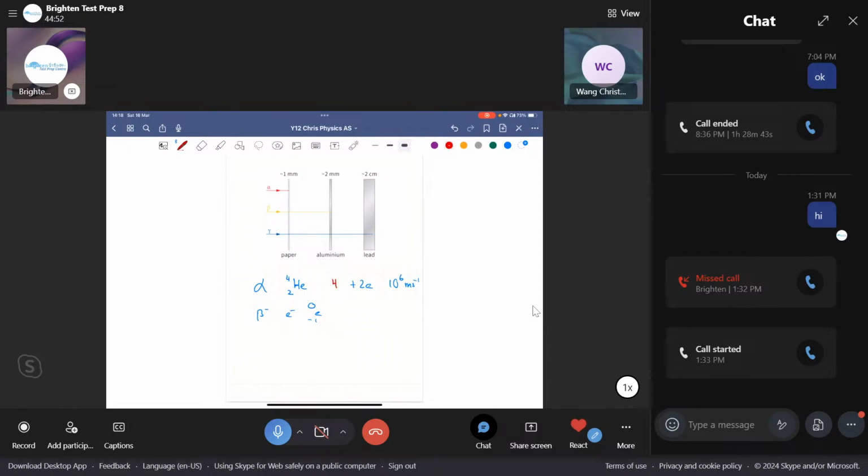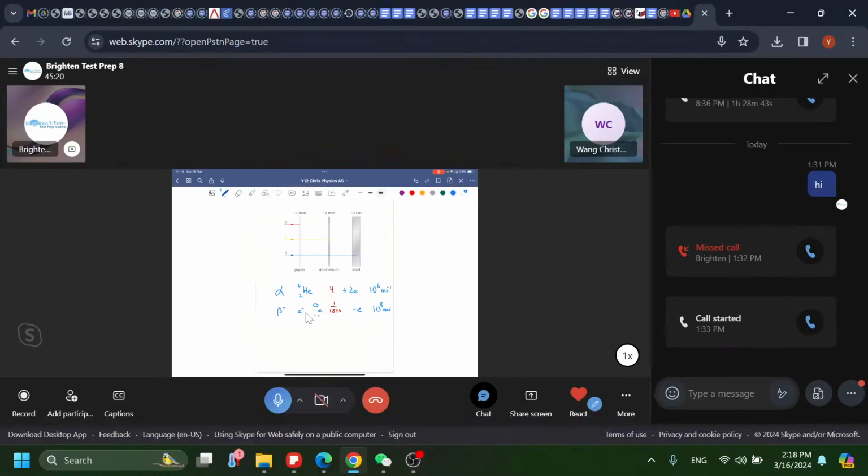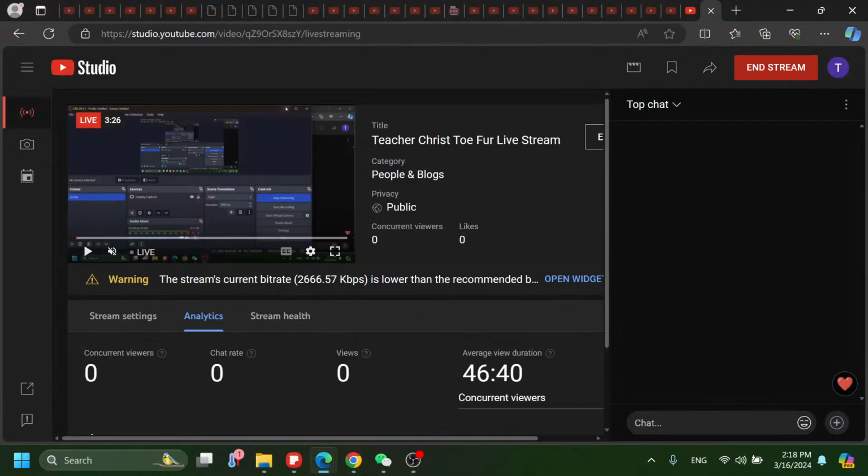So this is the mass relative to the proton. Of course, we have 4 here. Here we have 1 over 1840. So basically, it's not existing as mass. And of course, here we have the minus. That is already much faster, 10 to the power of 8. That's one of the reasons why it can penetrate further. Right, it has a high velocity, so that helps, of course, to penetrate certain material.